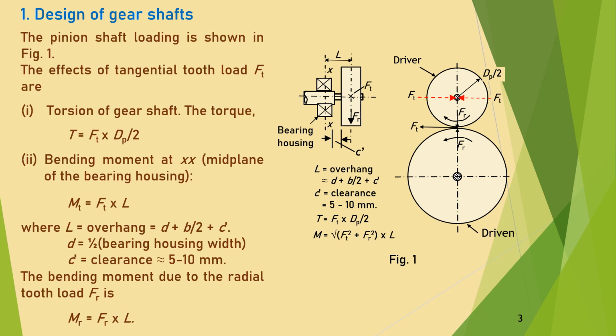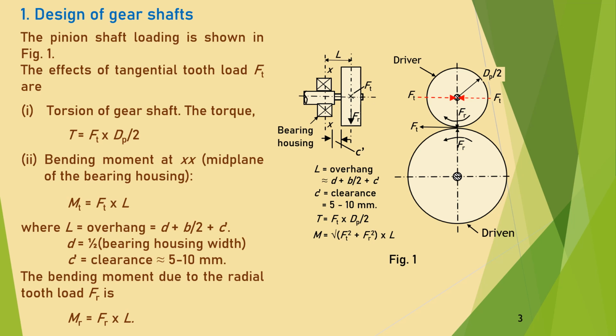It is the distance between the central plane of the bearing housing to the central plane of the pinion. So the bending moment due to Ft is Mt equal to Ft into overhang L. The force Fr is also shown in the left hand figure, and the bending moment due to Fr is Mr equal to Fr into the overhang L.